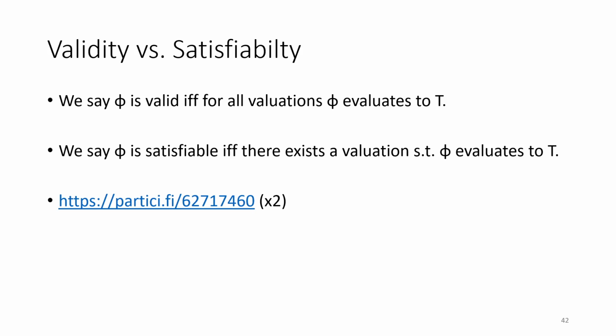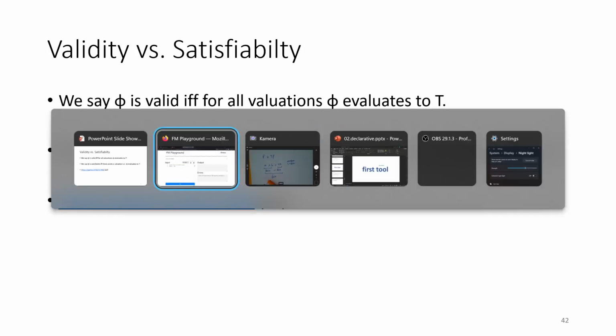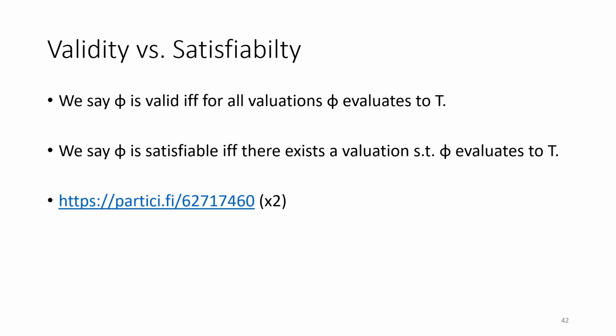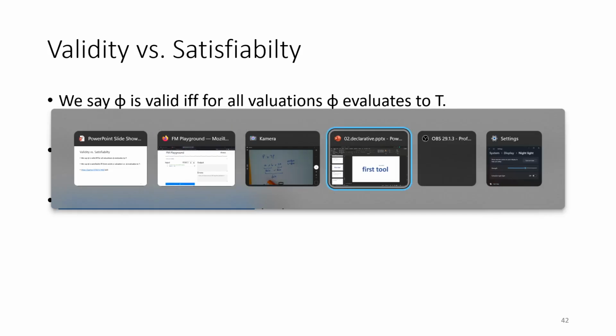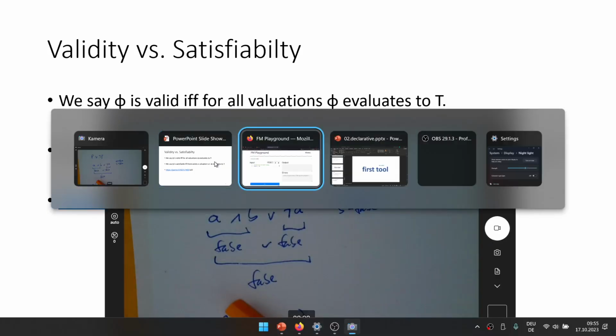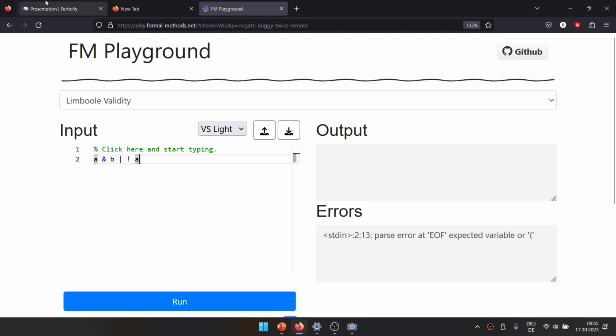Now, let's have a look at these questions. Just a reminder of validity: a formula is valid if and only if for all valuations it evaluates to true, and it is satisfiable if there exists a valuation where it evaluates to true, right?